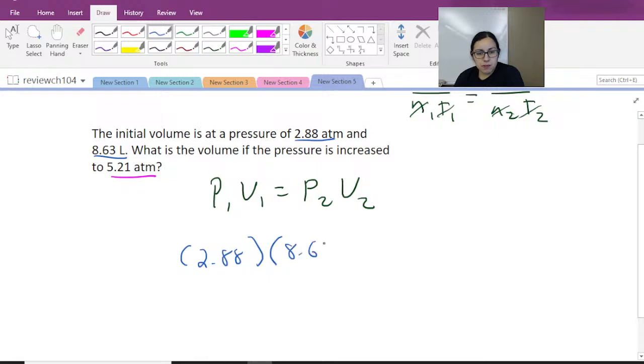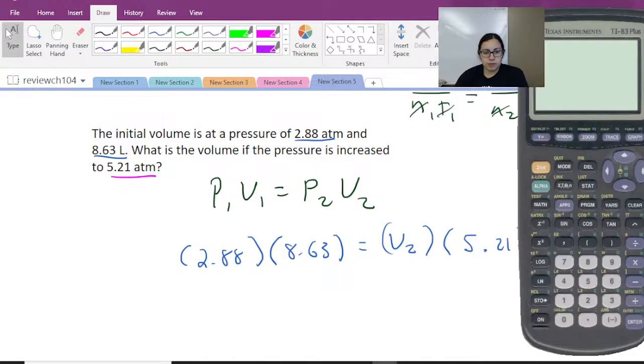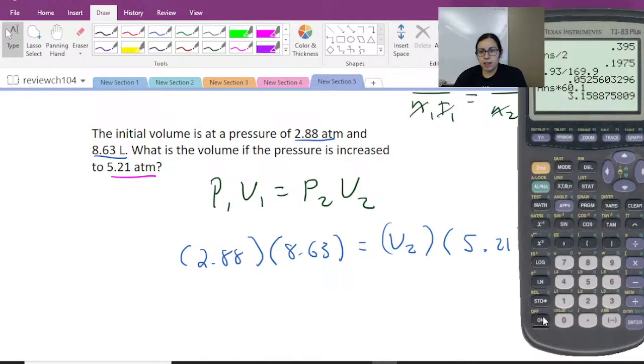Now we should have something that looks like this, so we don't know volume. We have our new pressure though. So now we'll just do our math. So 2.88 times 8.63 divided by 5.21.